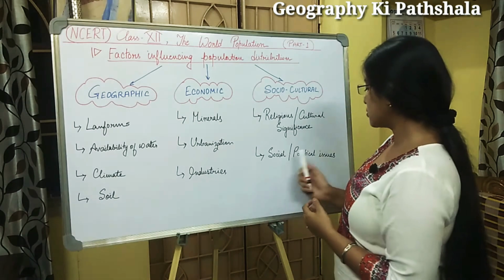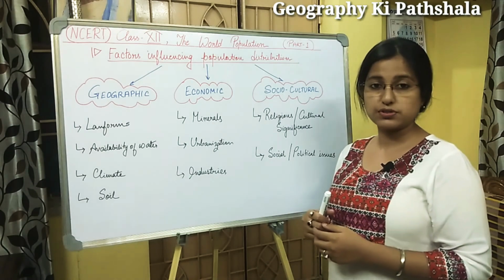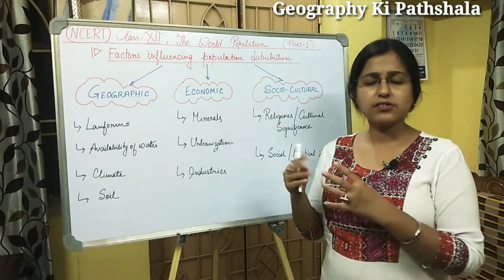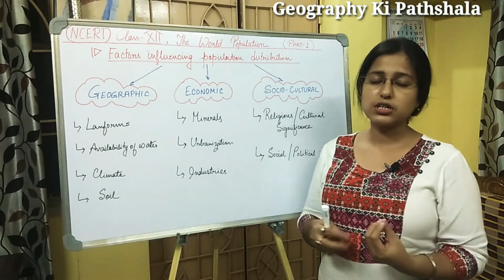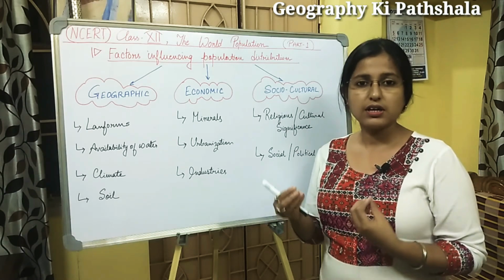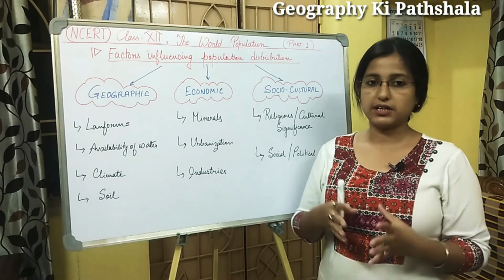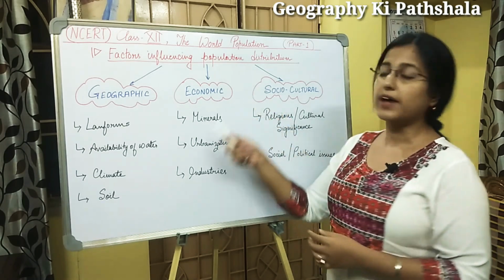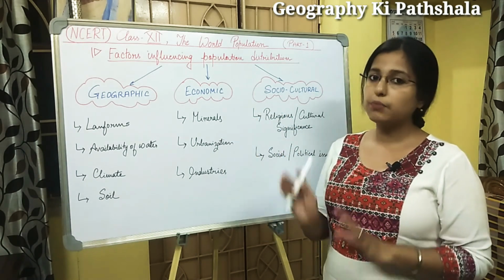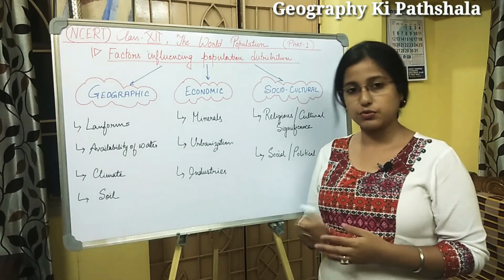Next are social or political issues. If any region or area is socially or politically unrestful, then people will not live there; they will migrate from that area. So these are the factors which play an important role in population distribution.